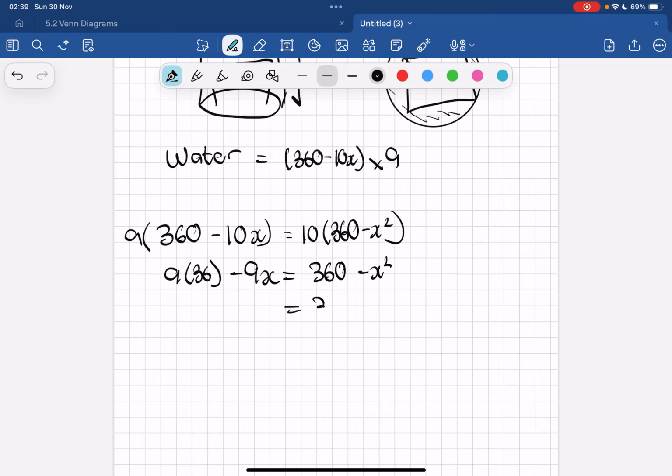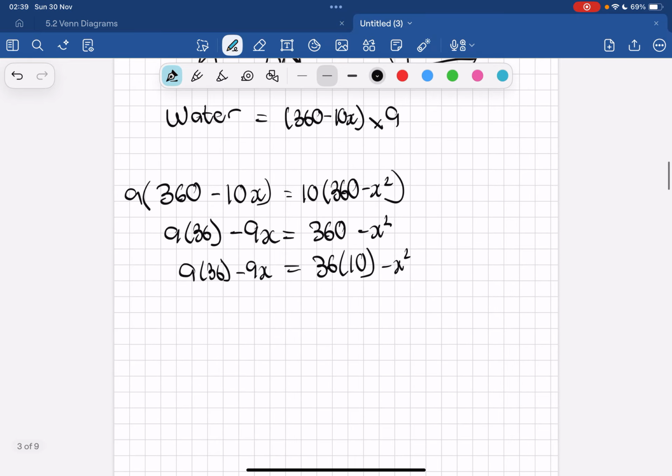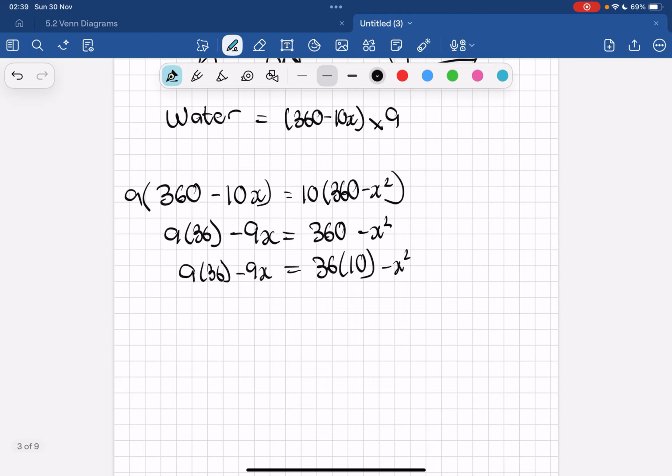We can rewrite 360 as 36 times 10. If we rearrange and bring everything to the left side, we get x squared minus 9x minus 36 equals 0.